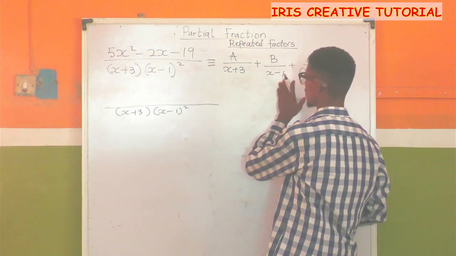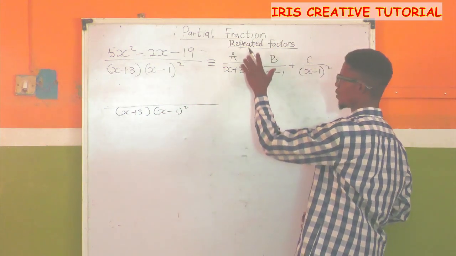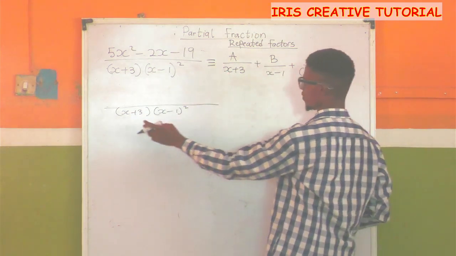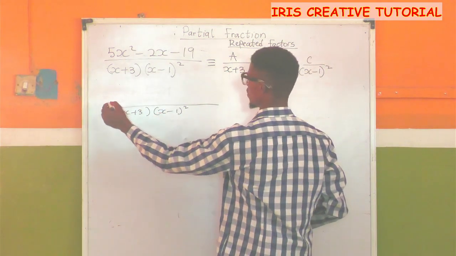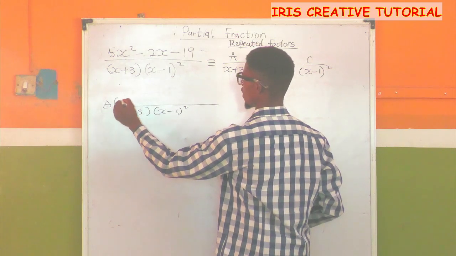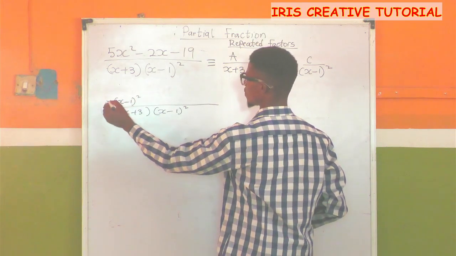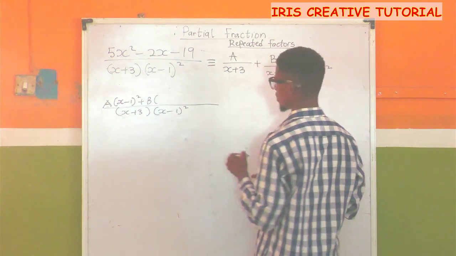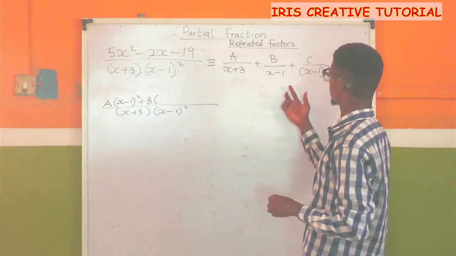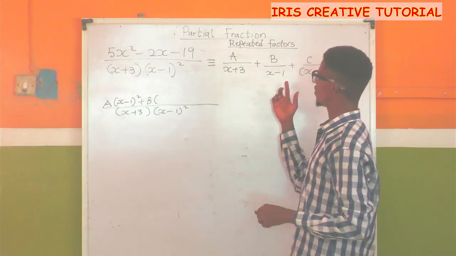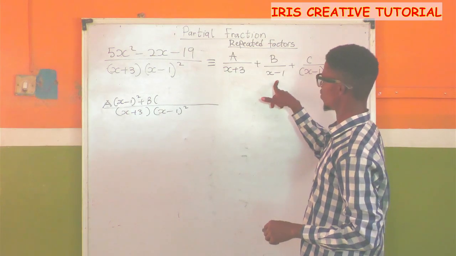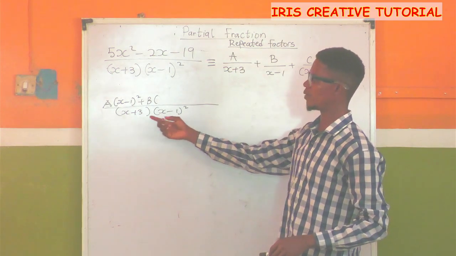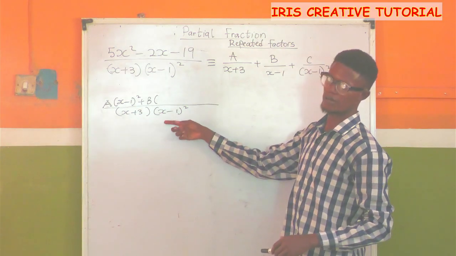Now here we try to solve for the numerators. This is x plus 3, so if we divide it out, you'll be left with A into x minus 1 all squared. Then for B, it is a combination of x plus 3 and x minus 1. So if we remove one of the x minus 1 factors here, we let the x plus 3 and one other x minus 1 remain.